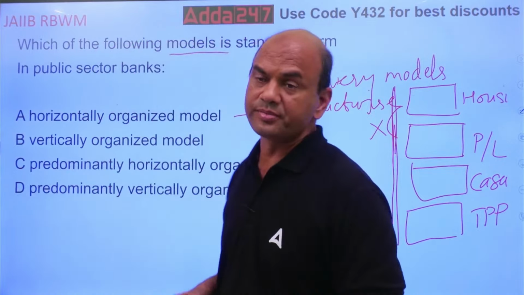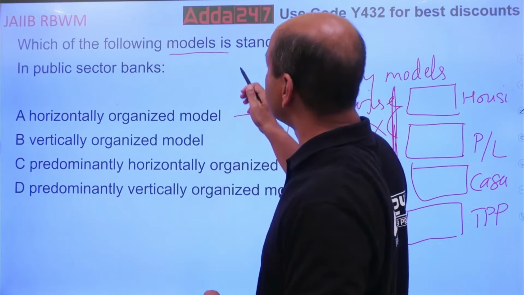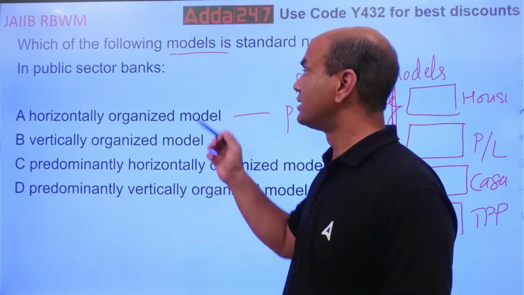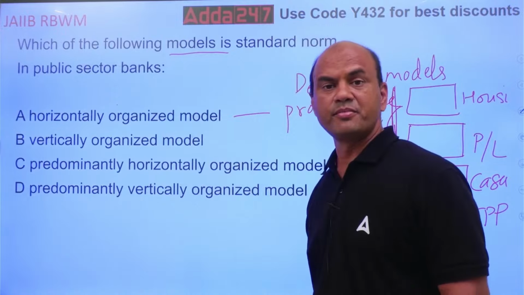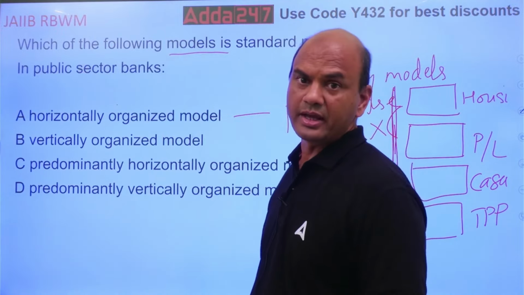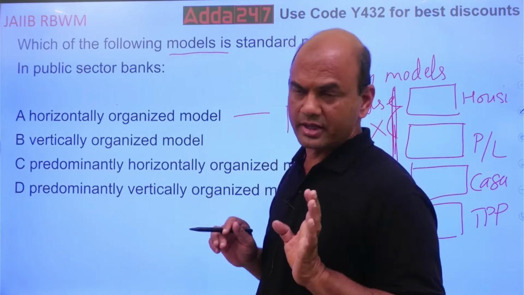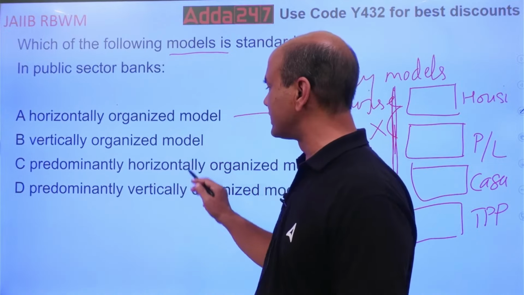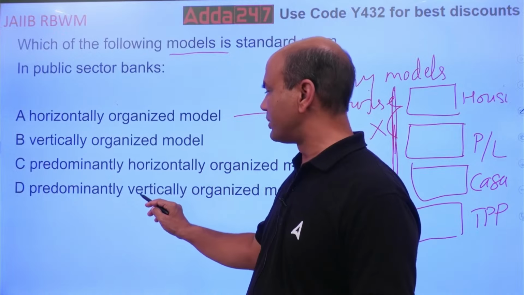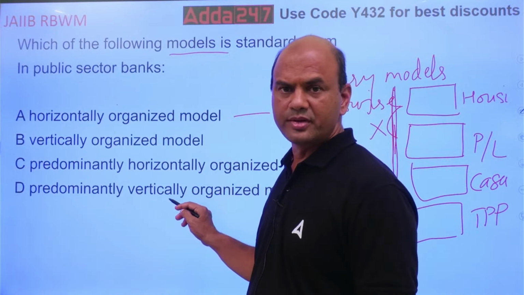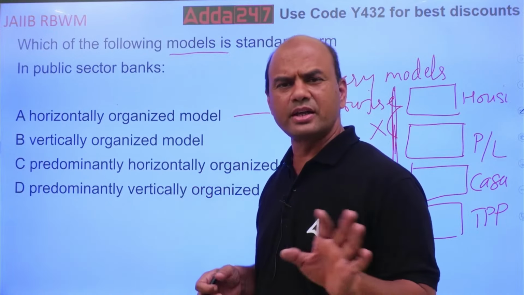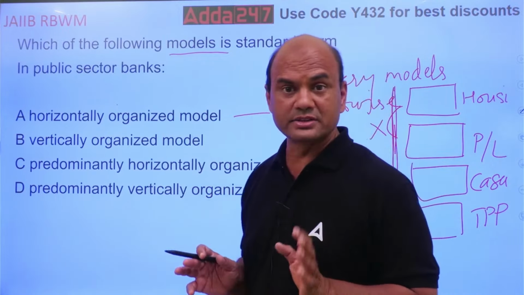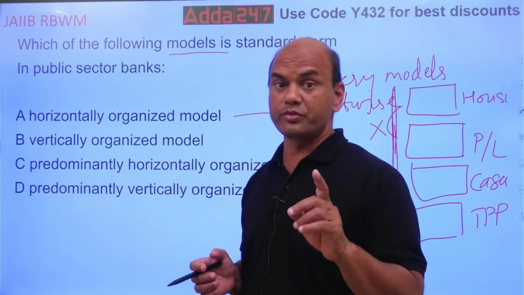The question is, which of the following models is the standard form in nationalized banks, public sector banks? Actually, nowadays even nationalized banks are going for the predominantly vertical model, meaning 80% of the data is common. But that is the actual answer. Here you have to answer as per your book.